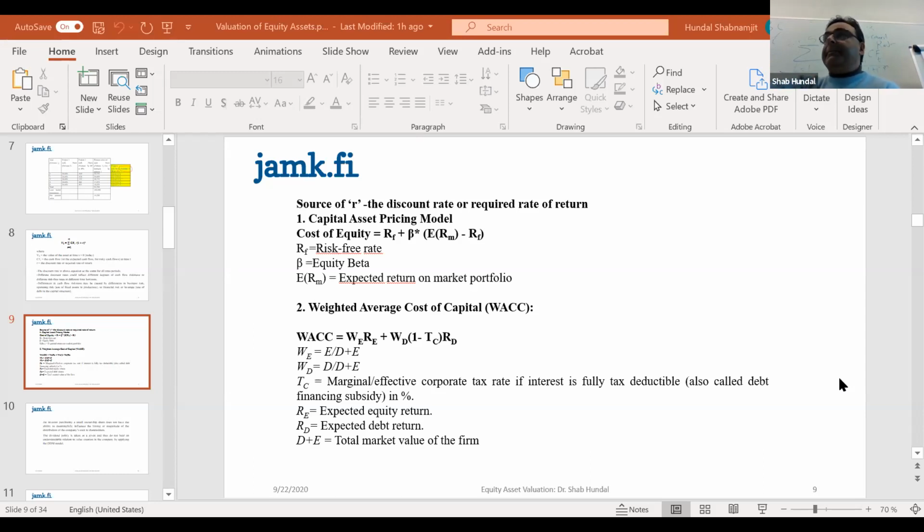And as somebody mentioned, it will be very small. So then the R may be maybe 0.5% or 0.7%, a very small risk factor.